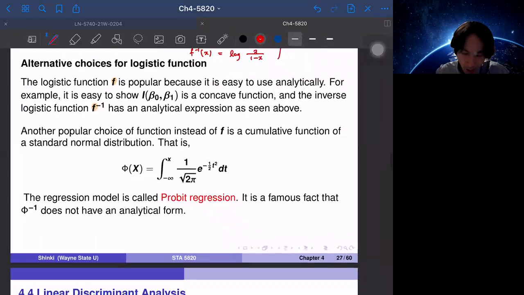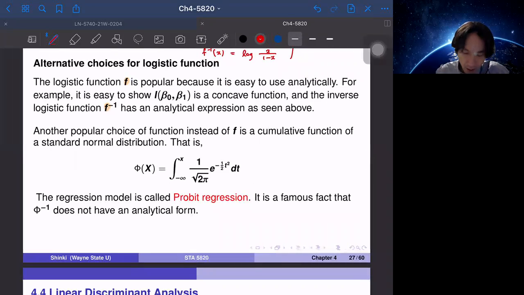But some people use other functions. Instead of f, people often use the CDF of the standard normal distribution, the cumulative distribution function of the standard normal. We've seen that the link function f maps all real numbers to 0, 1.